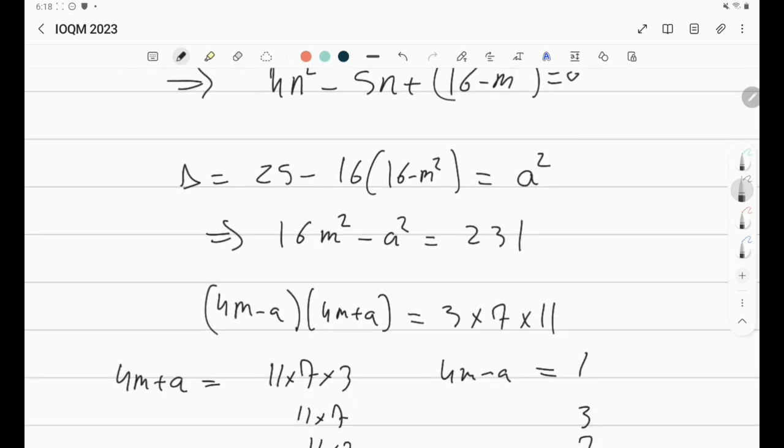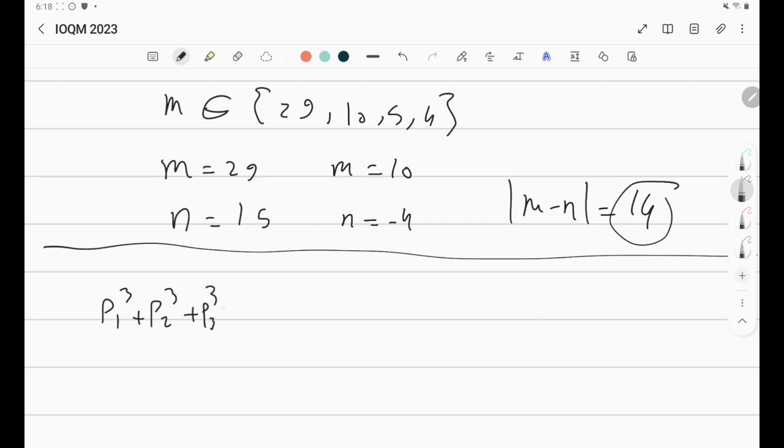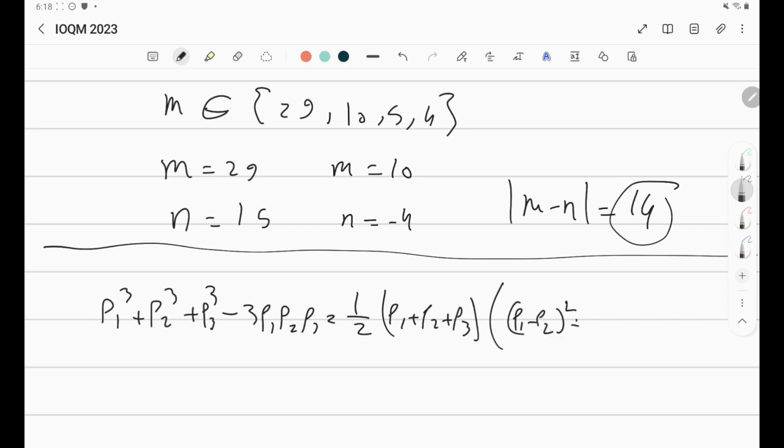So let me remind you of the factorization of this. P1 cubed plus P2 cubed plus P3 cubed minus 3 P1 P2 P3 is equal to half times the sum times P1 minus P2 squared plus P2 minus P3 squared plus P3 minus P1 squared.